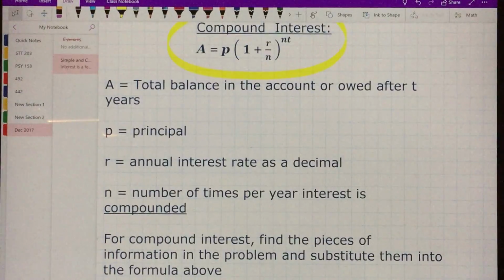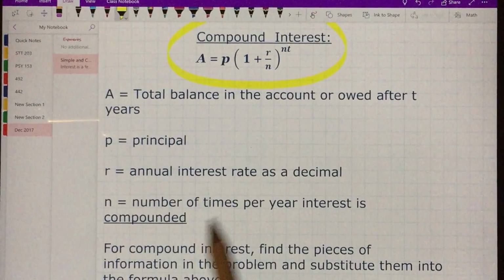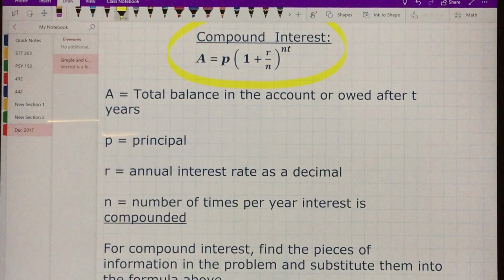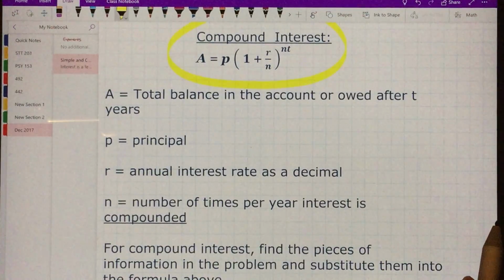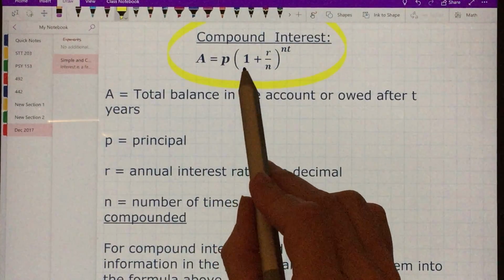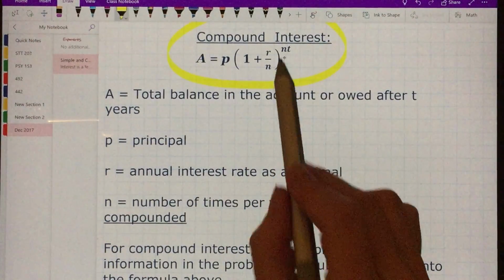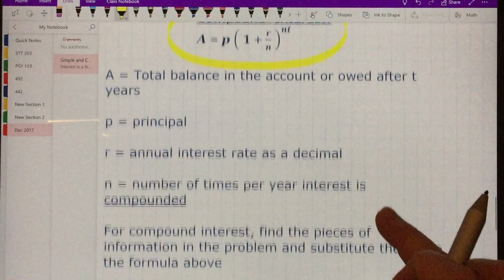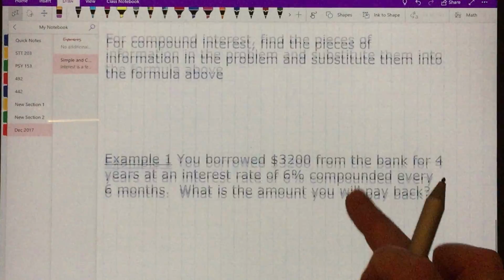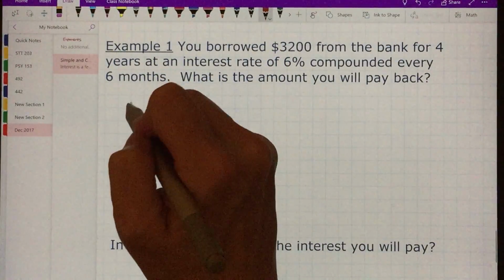So for compound interest, the trick is to just find all of these pieces of information in your word problem and then substitute them into the formula above. A equals P times 1 plus R over N, all to the N times T. So let's try an example. Let's write our formula down.